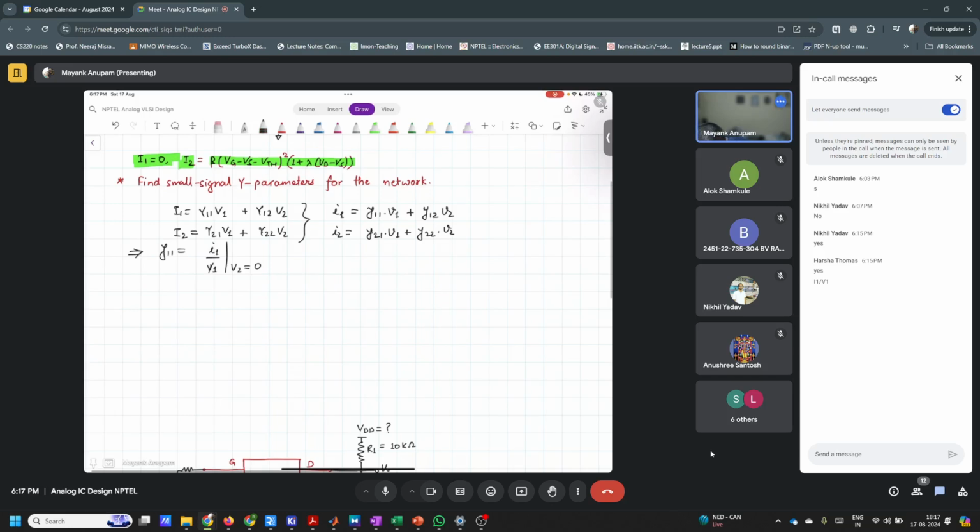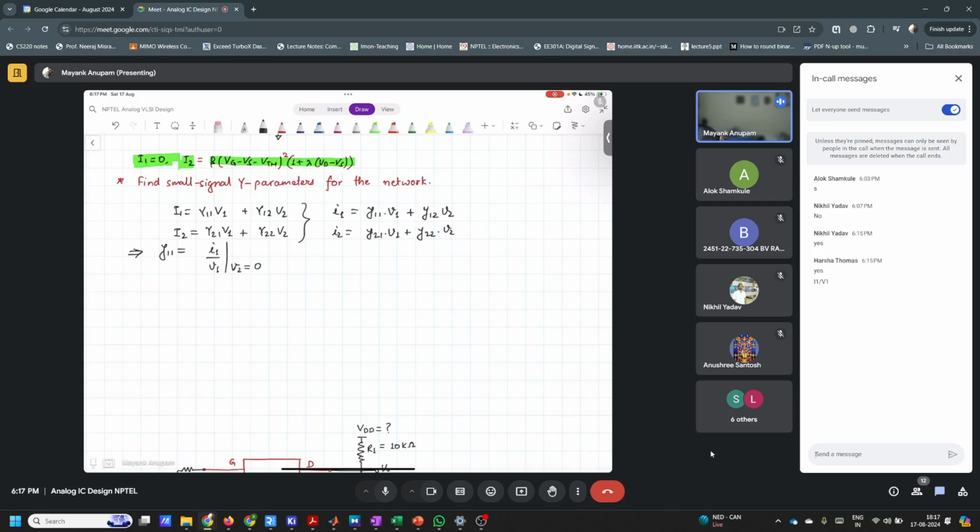So in that case, y11 is equal to i1 by v1. When I say this is small i1, what does it mean? All these small variables, v1, v2, i1, i2, what do they signify? Incremental voltage. Yes, they are incremental, correct.